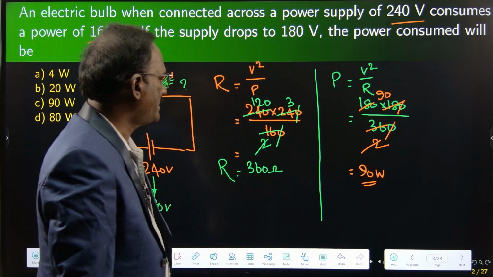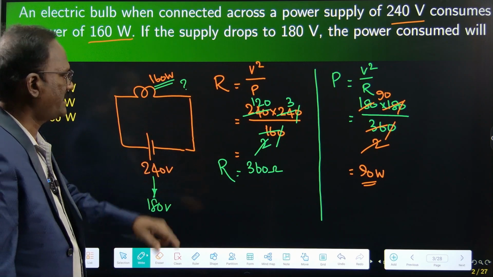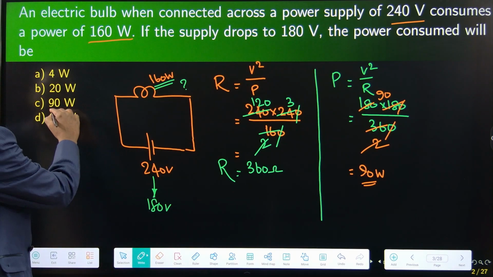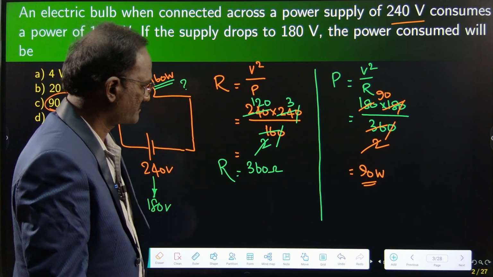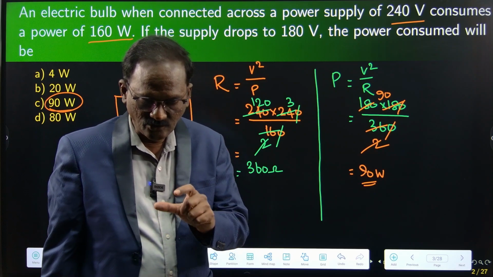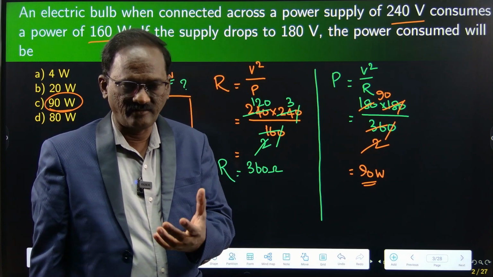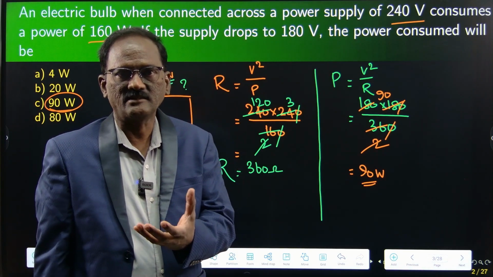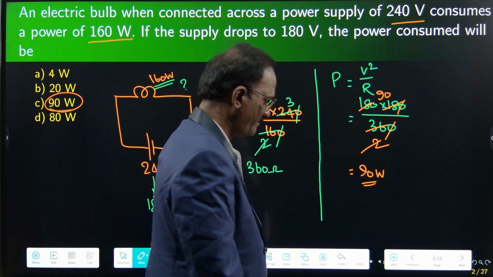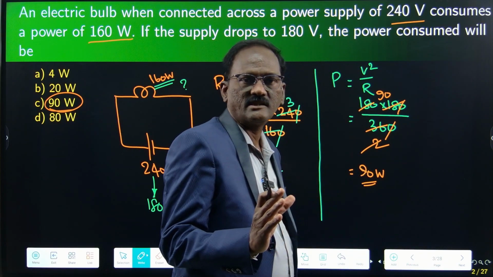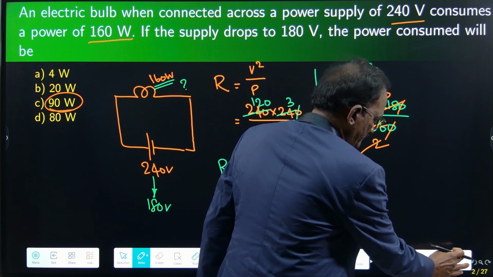We will get only 90 watts. Instead of 160 watts, 90 watts will be the answer. So if we reduce the voltage rating of the bulb, we will get low power consumption, right? We will not get the full intensity of the bulb.